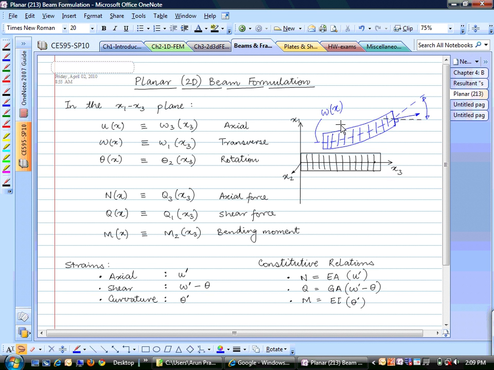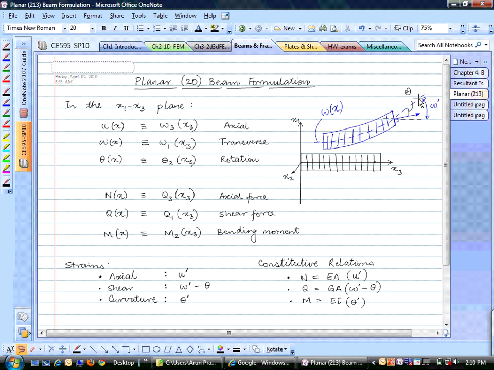Or tan of that angle? W prime. Since tan theta is small, tan theta is approximated by theta, and this is just dW by dx. This is the slope of this line. And what is this angle? This angle is theta. And that is basically what is measuring how much this rigid cross section has rotated.